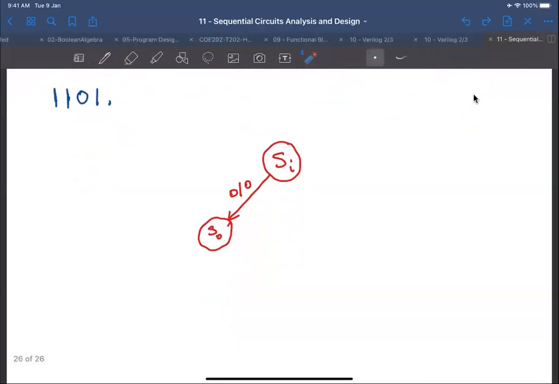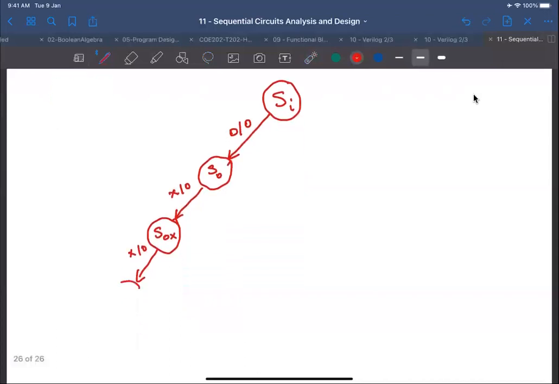So no matter what you get after this, it's a don't care, and the output is still 0. All right? So whether the input is a 0 or a 1, you'll go to a state S0X. Okay? And then no matter what you get after as well, then you'll go to state what?